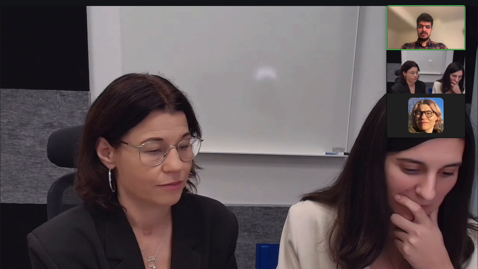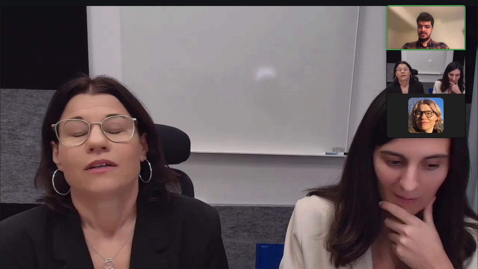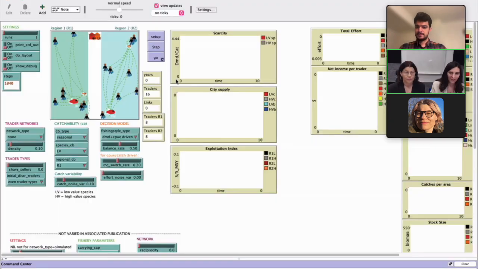Regarding the results of the model analysis, what insights have emerged from analyzing the model? And have you observed any surprising trends in how trade networks influence fish provision resilience? Yes, so we'll just show a couple of scenarios, but first, just to say, the model is spatial in the sense that we have two regions where traders are active and buy fish.